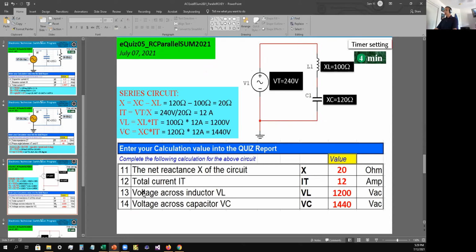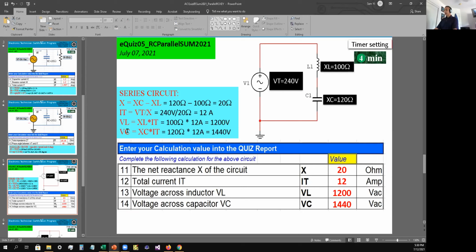Okay, and number 12, total current IT. So IT equals VT divided by X, the net reactance. 240 volts divided by 20 ohms equals 12 amps. So I total equals 12 amps. All right, so voltage across inductor VL. So VL equals XL times IT, which equals 100 ohms times 12 amps, equal to 1200 volts.